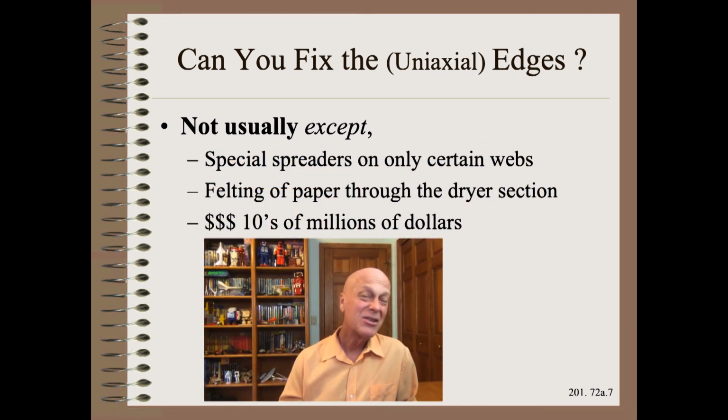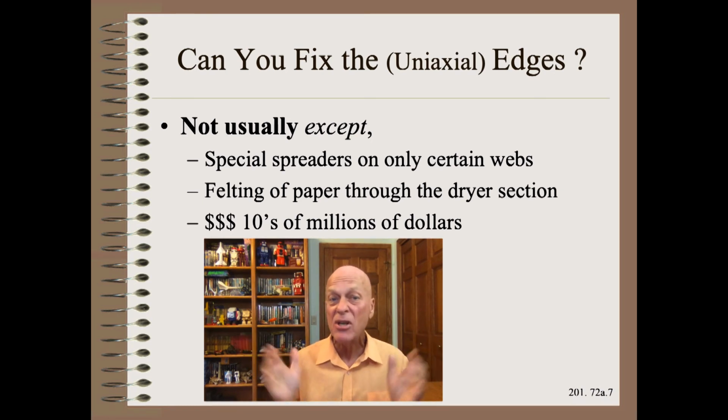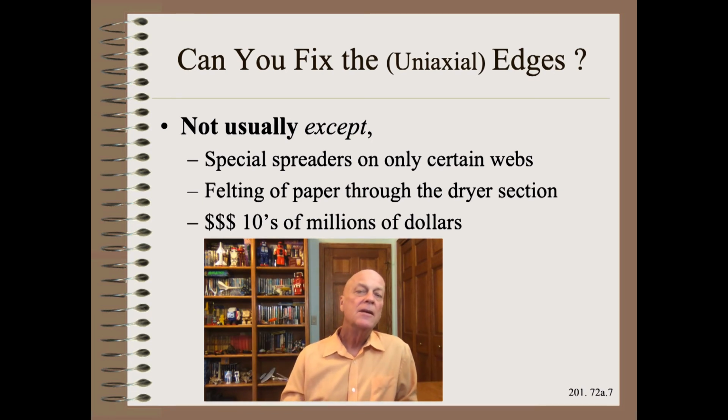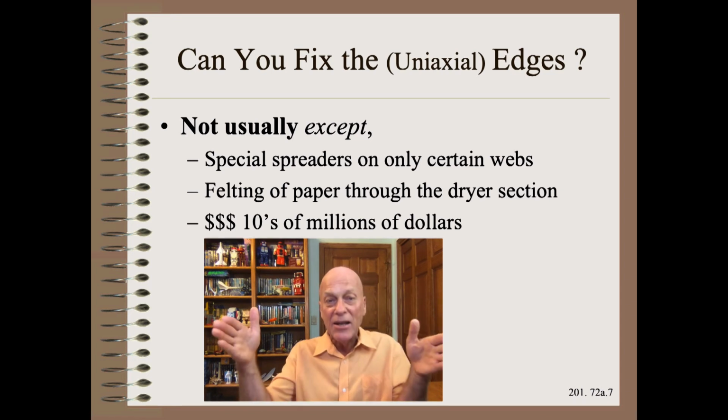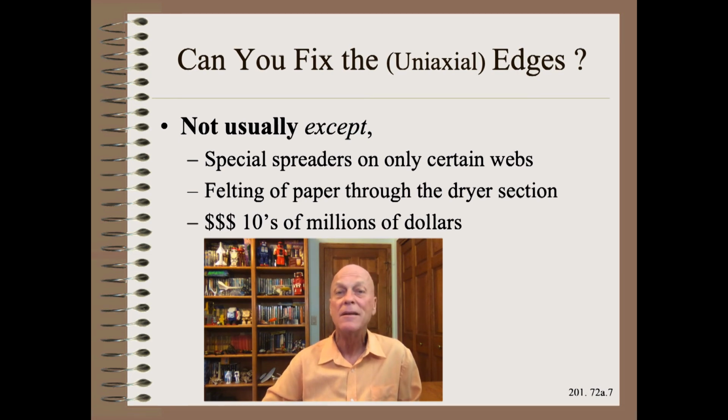Some special spreaders, such as tenters and edge pulls, might do this on some very special webs. The paper industry can also solve this by felting their web runs through the dryer section. However, this costs tens of millions of dollars to make the edges of the web a bit more like the middle.